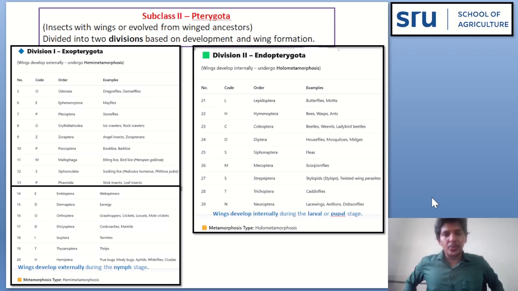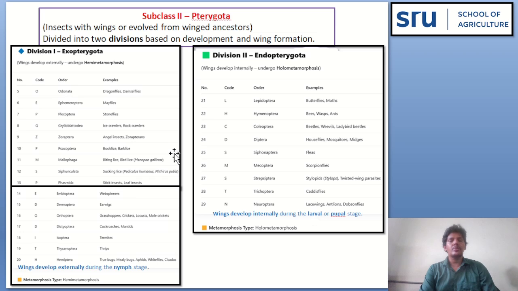Next, subclass 2, that is Pterygota. In this subclass, insects are with wings or they evolved from a winged ancestor. This subclass is again divided into two divisions. Division 1 is Exopterygota and division 2 is Endopterygota. Under Exopterygota there are 16 orders, and under Endopterygota 9 orders.